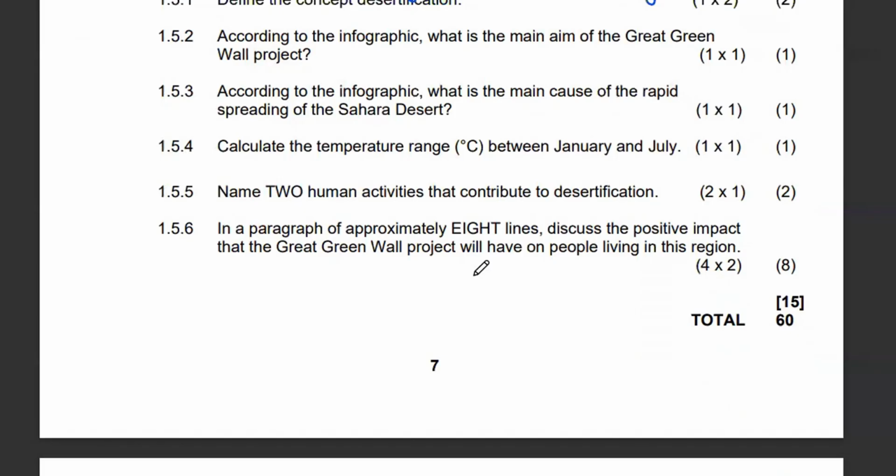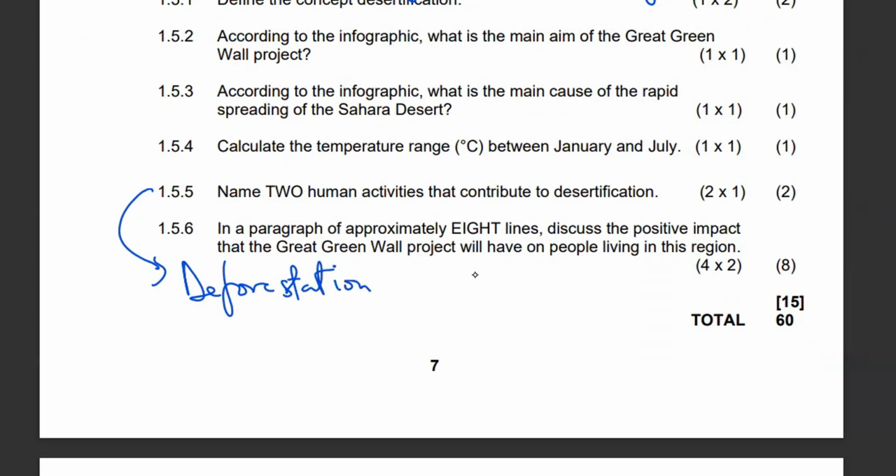Name two human activities that contribute to desertification. We know that humans are also responsible for desertification, for the extension of deserts. So activities like deforestation, the deliberate removal of vegetation, is a factor promoting desertification.